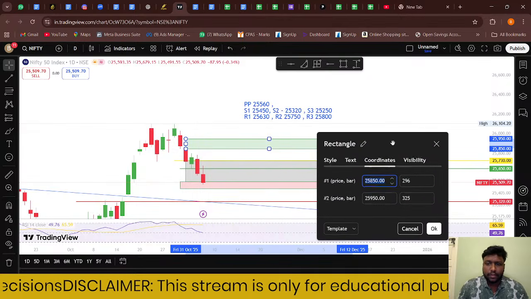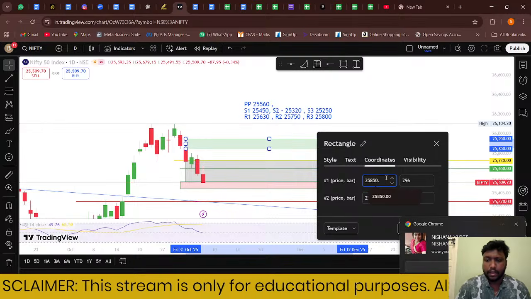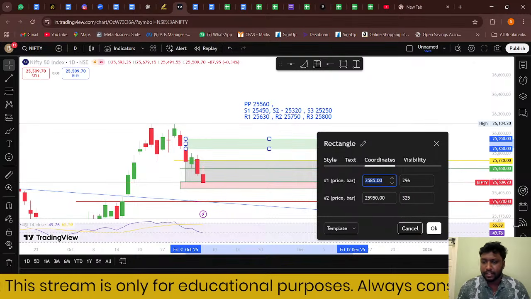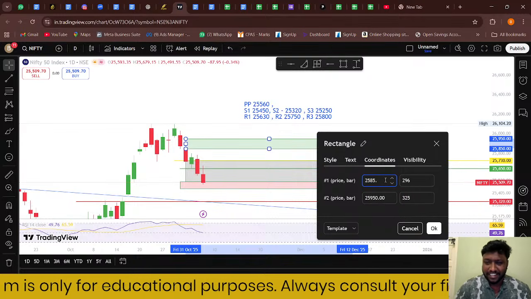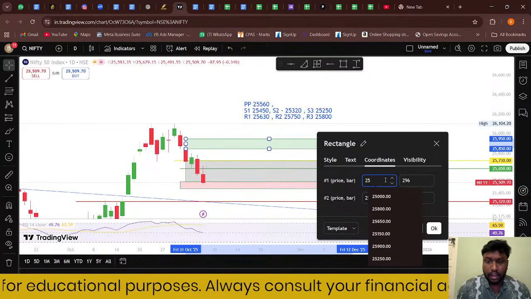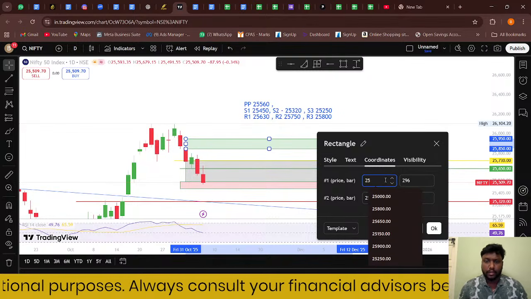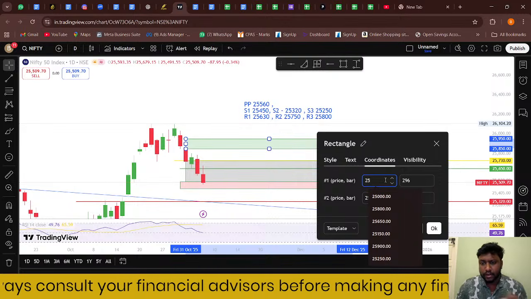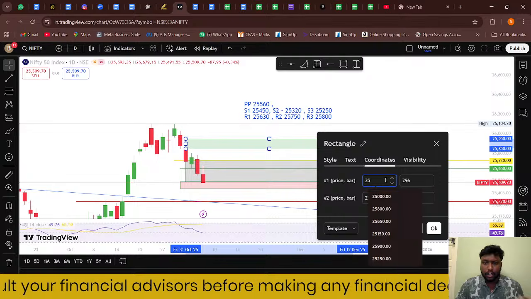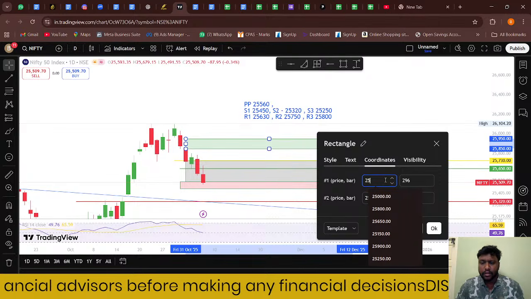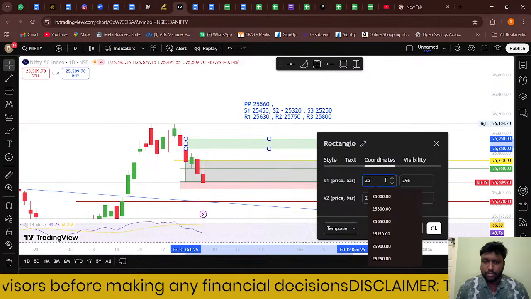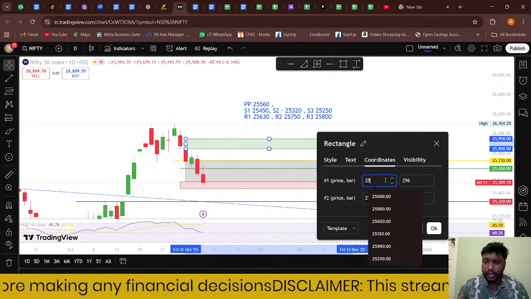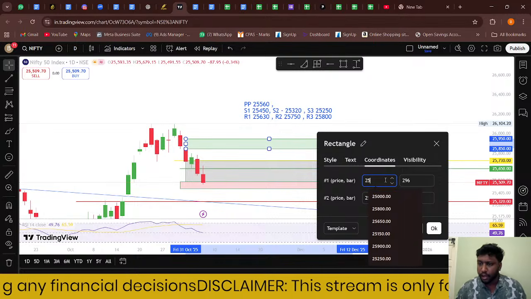We always keep R2 and R3 as our bullish zone, with R1 as resistance 1. Any movement above R1 will activate our bullish zone, meaning we can ride up to R2 and R3.